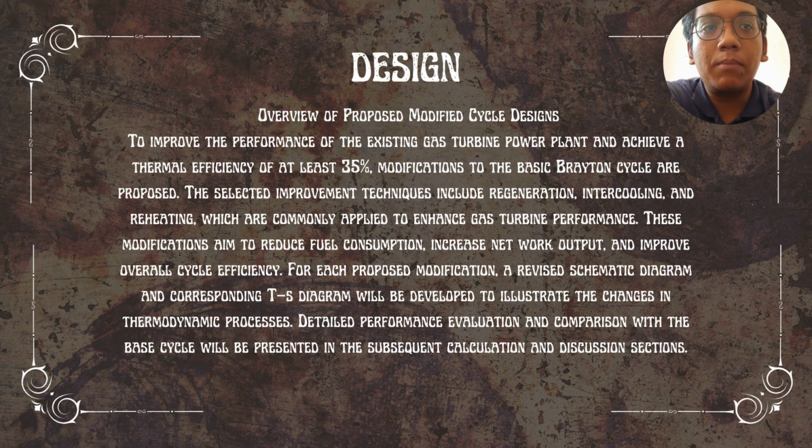The selected improvement techniques include regeneration, intercooling, and reheating, which are commonly applied to enhance gas turbine performance. These modifications aim to reduce fuel consumption, increase net work output, and improve overall cycle efficiency.